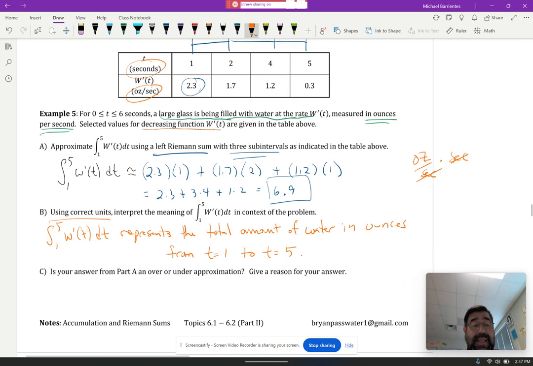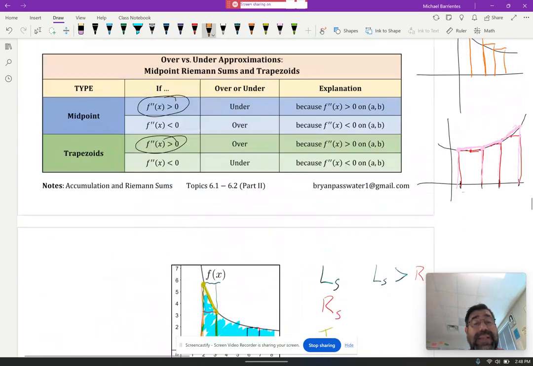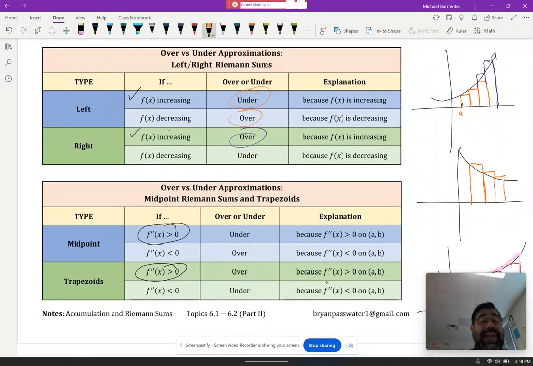Last question. Is that answer an overestimate or an underestimate? By the way, I'm going to come back and put ounces here. Is part A an overestimate or an underestimate? How do we know? Remember what we said. If the derivative is decreasing and we used a left-sided rectangle approximation, then I'm going to have an overestimate.